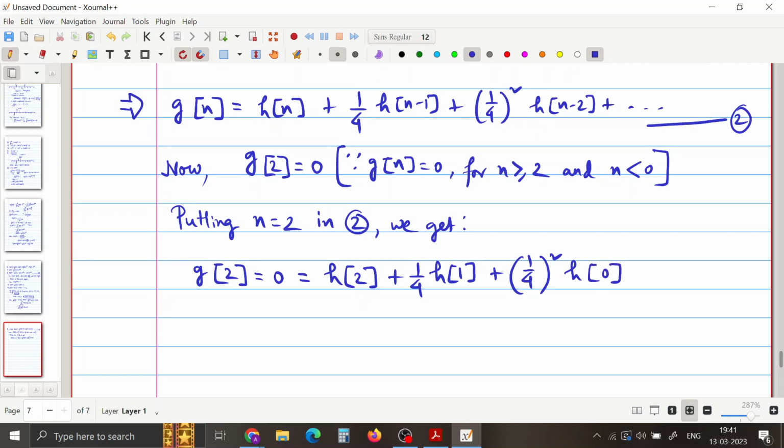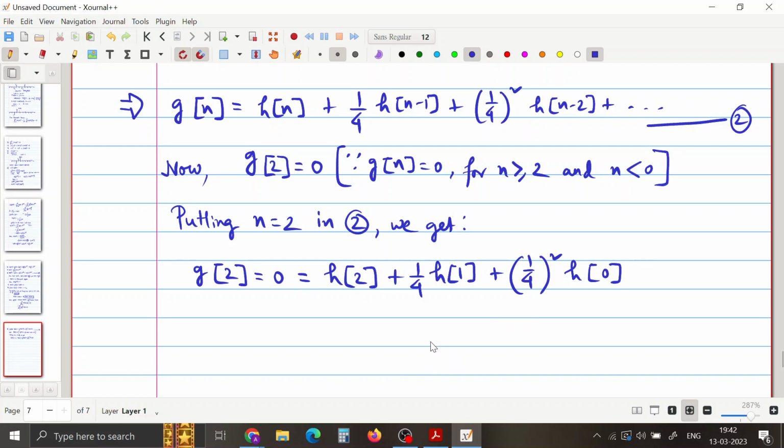If we continue like this, the next term will be 1/4 to the power 3 times h of n minus 3. Substituting n equals 2, we get 1/4 to the power 3 h of minus 1. But h of minus 1 is 0, right? Only these three coefficients are non-zero: h of 2, h of 1, and h of 0.